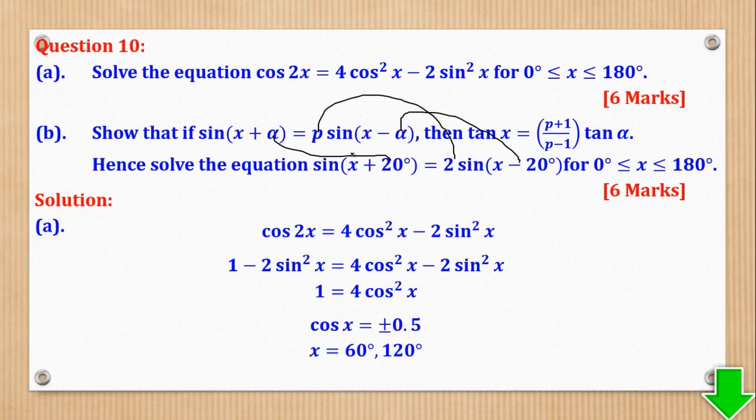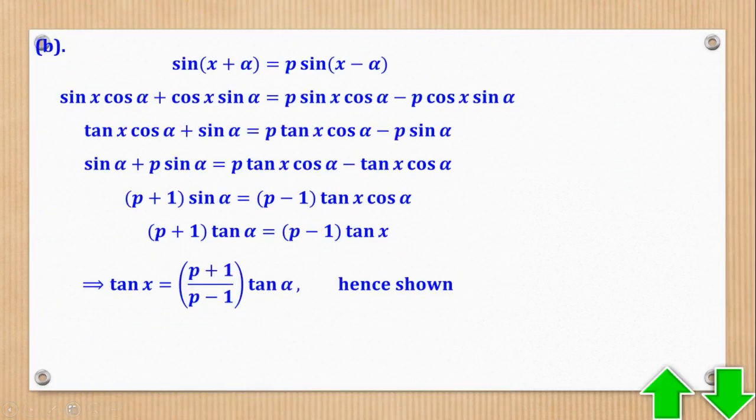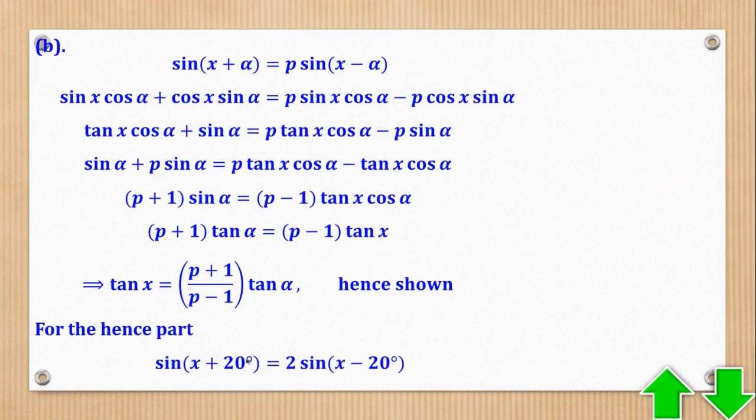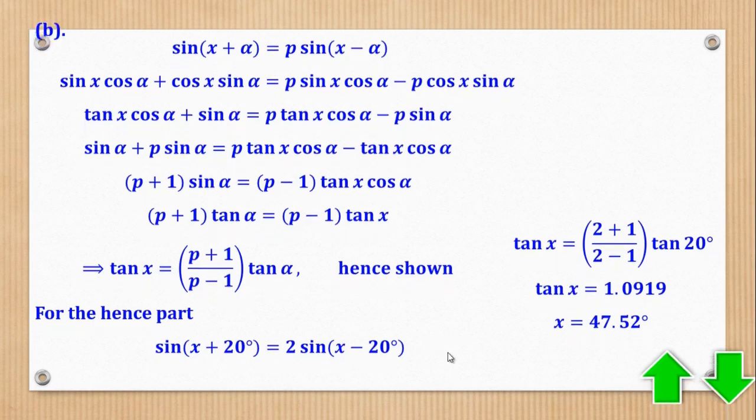So for the hence part, from this it means that p is 2 and alpha is 20 degrees. Then we substitute for p and for alpha, then simplify and use a calculator to come up with this as the value of x.